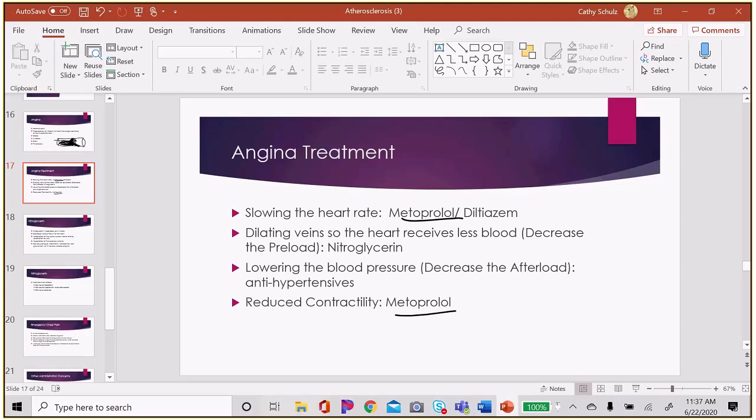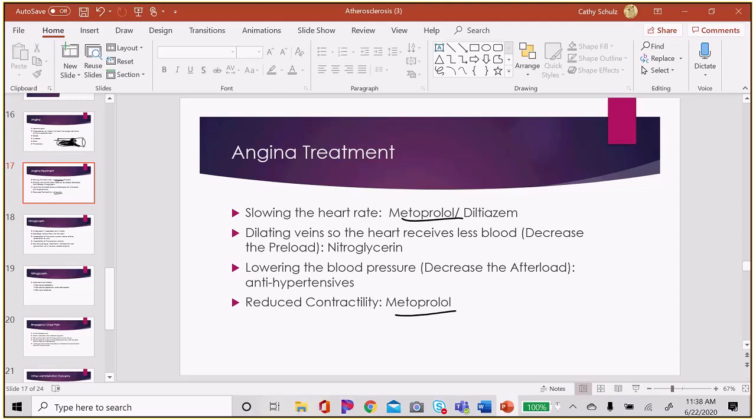So previously, when we were talking about decreasing preload, we talked about using a diuretic, because if we get rid of fluid, then we can decrease the work of the heart. However, we don't have time in the setting of angina or MI to wait for the diuretic to start to work. We don't have 6 hours to wait for fluid to be pulled off.